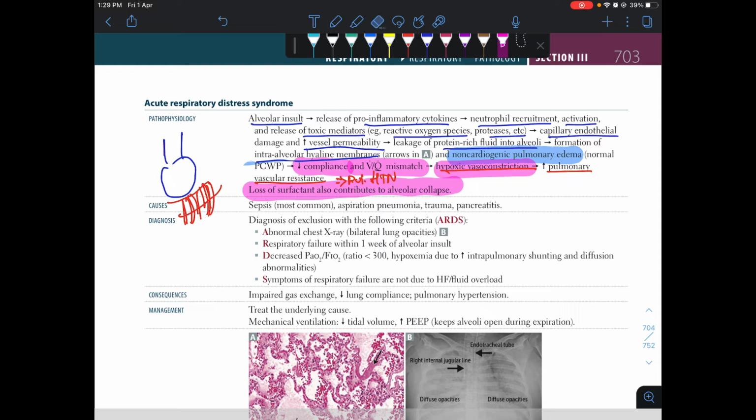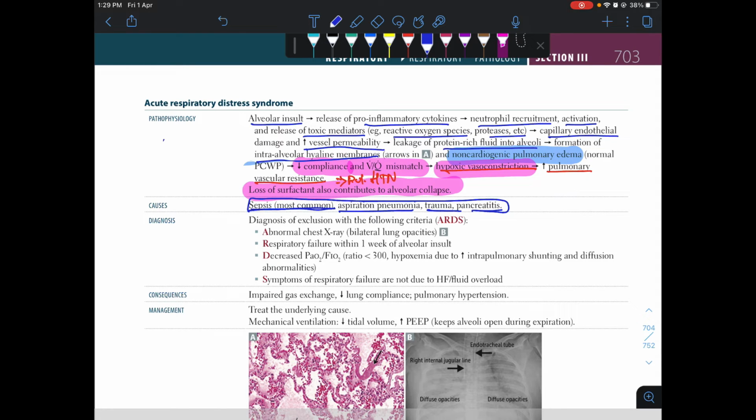Now let's see the causes for ARDS. Causes include sepsis, because during sepsis there will be release of cytokines, and also aspiration pneumonia, trauma and pancreatitis. These are the causes for ARDS.